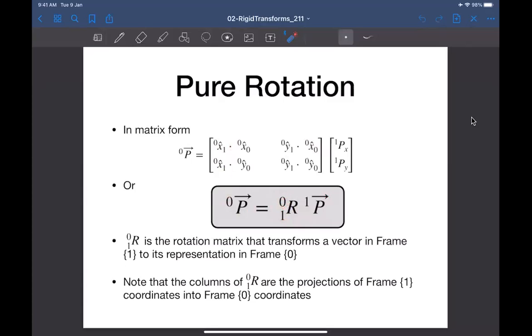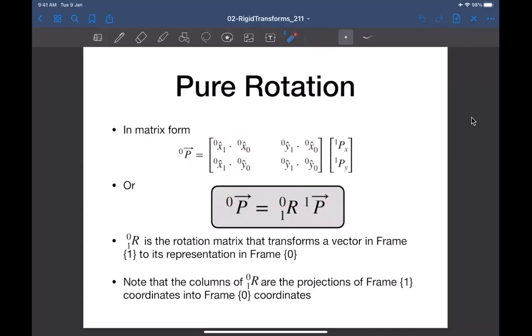So this is x sub 1 in 0, in which we take the dot product with x0 and y0, of course. Here we decompose x1 in 0 into its components along x0 and y0, the two coordinates of frame 0.